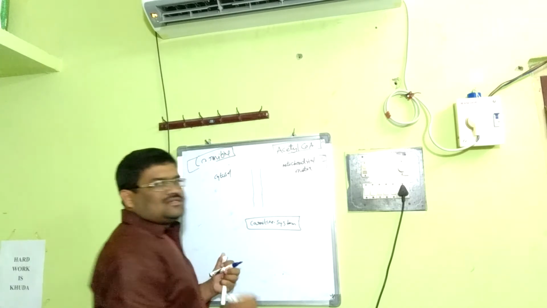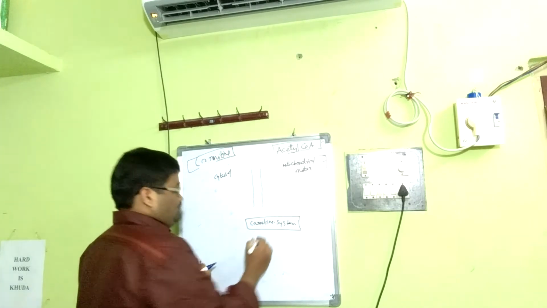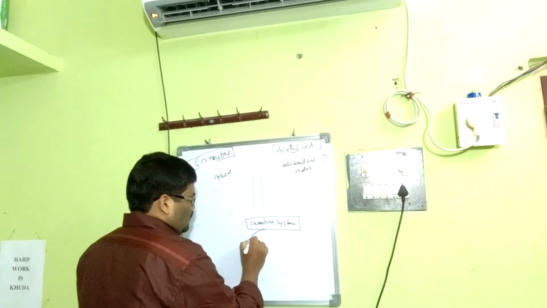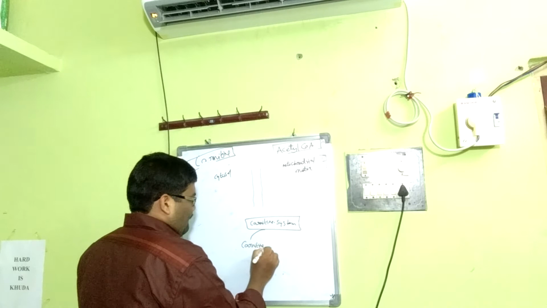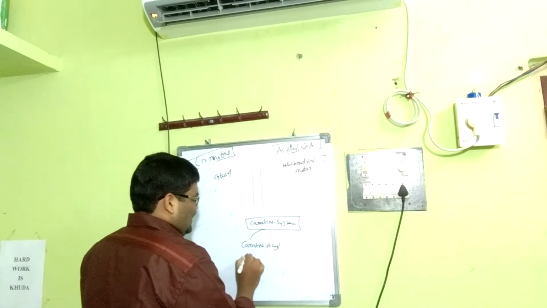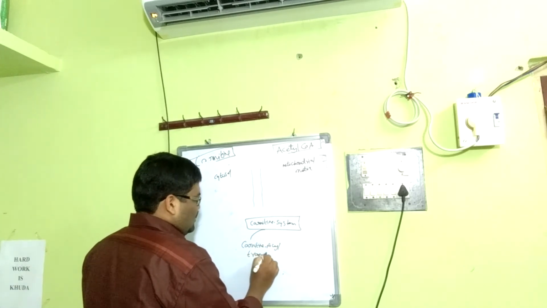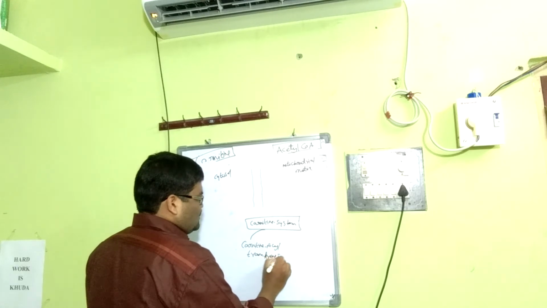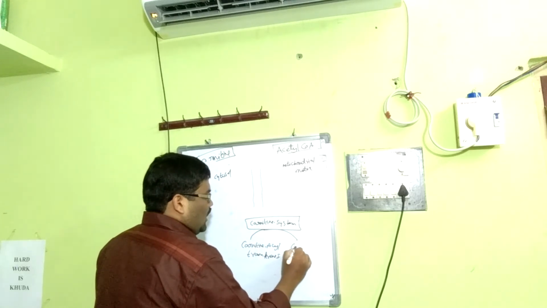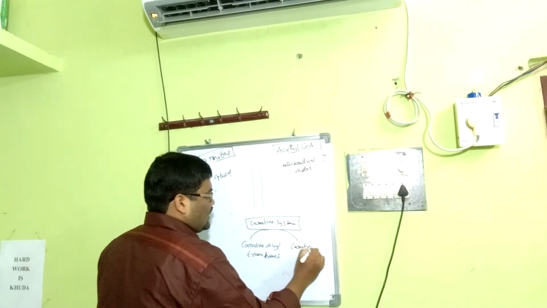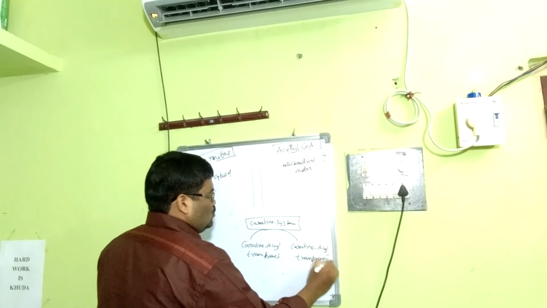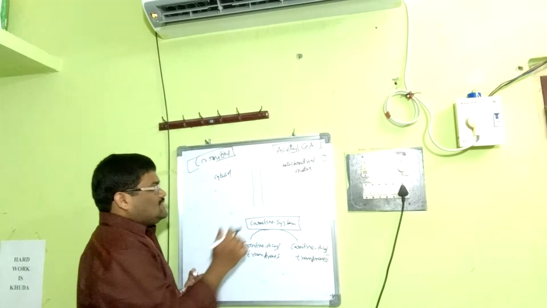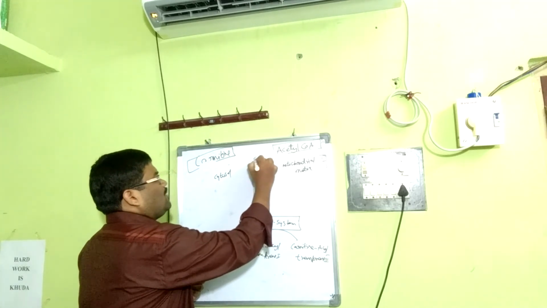This carnitine system consists of two kinds of enzymes: carnitine acyl transferase 1, the first enzyme, and carnitine acyl transferase 2. This is the inner mitochondrial membrane.